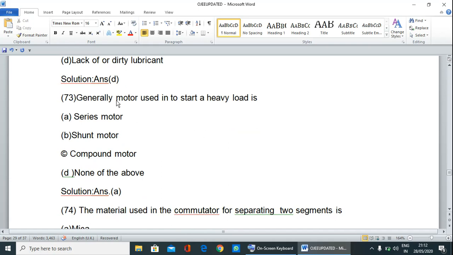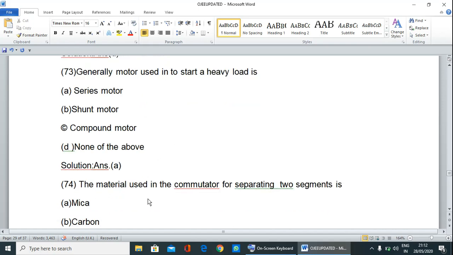Generally a series motor is used to start a heavy load because starting torque is very high, that is due to torque proportional to Ia square, the square of the armature current. Therefore, starting torque is very high in case of a series motor. Therefore, series motor, A, is the correct answer.